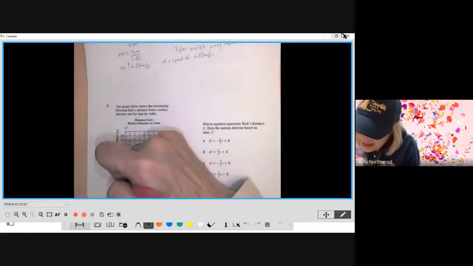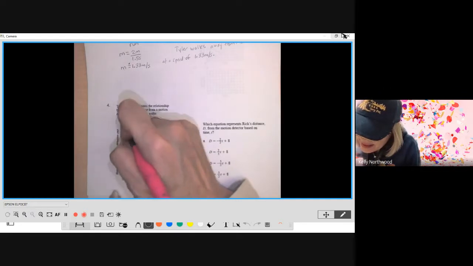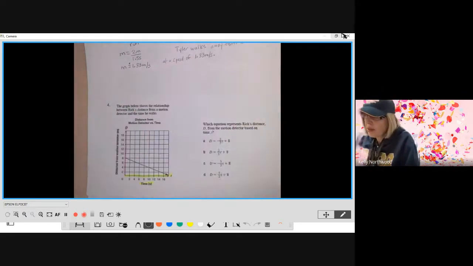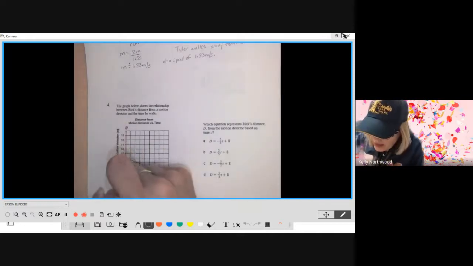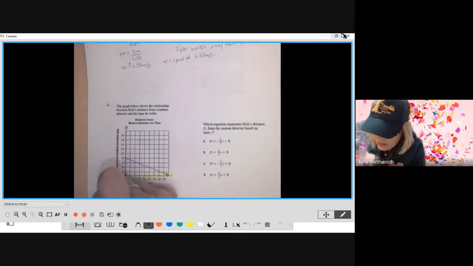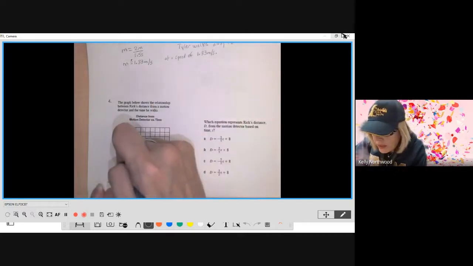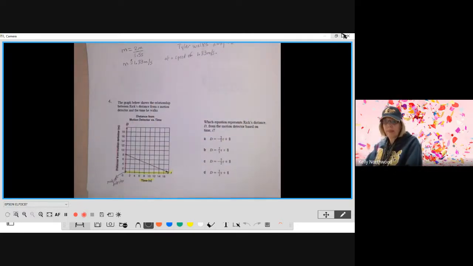The vertical axis is the distance from the motion detector in meters, which means that down here is where your motion detector is. So Rick starts off 8 meters from the motion detector, okay?